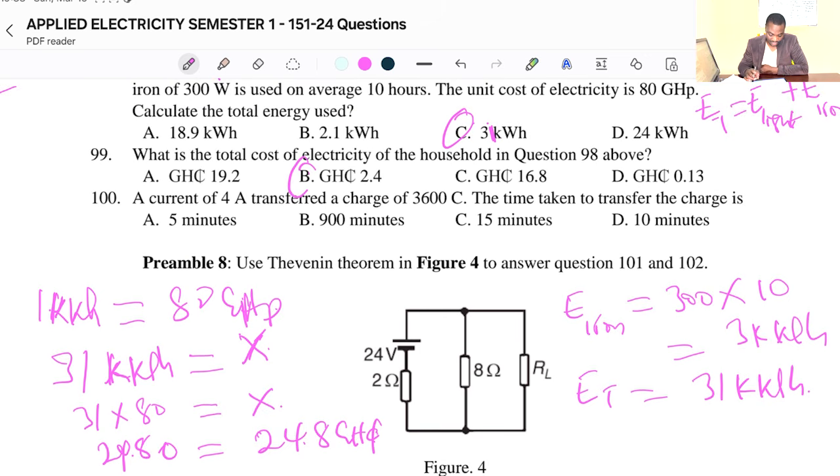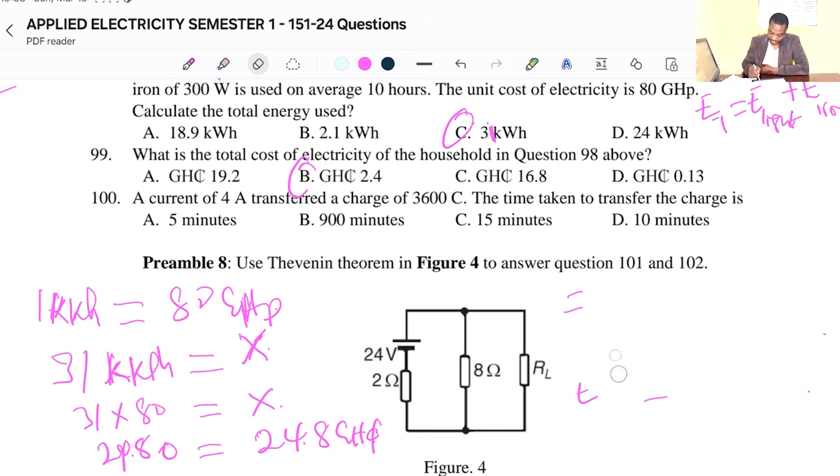A current of 4 amps transfers a charge of 3,600 coulombs. The time taken to transfer the charge is, so here we are given the charge, 3,600 coulombs, and then the current is just 4 amps.